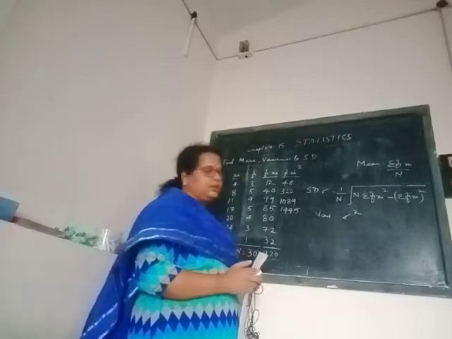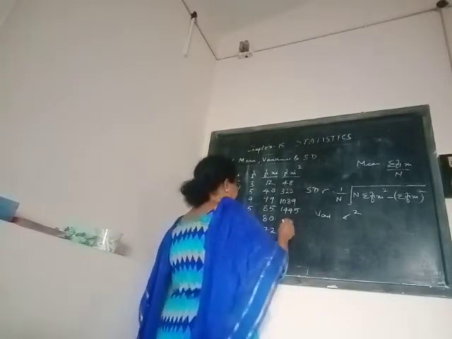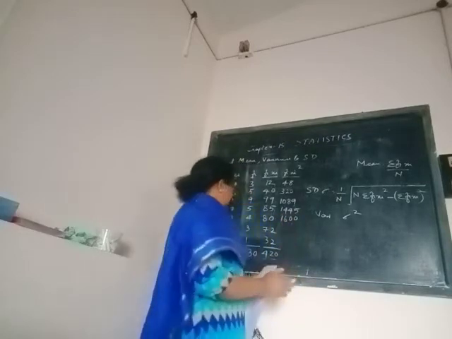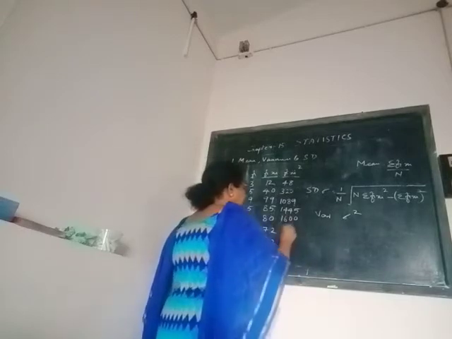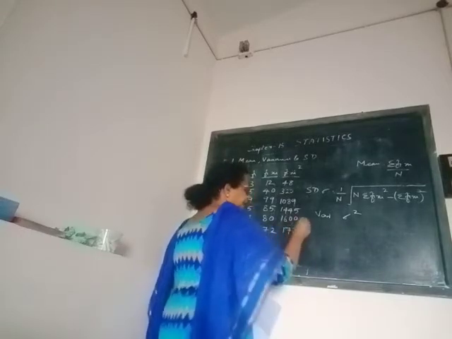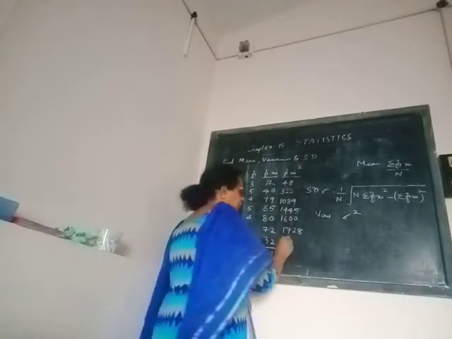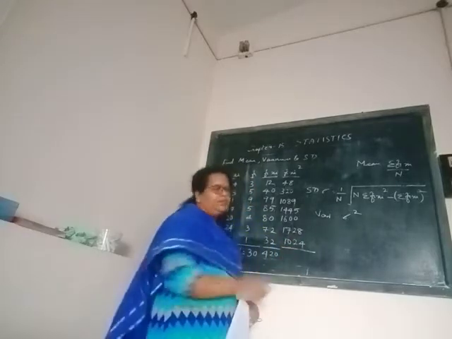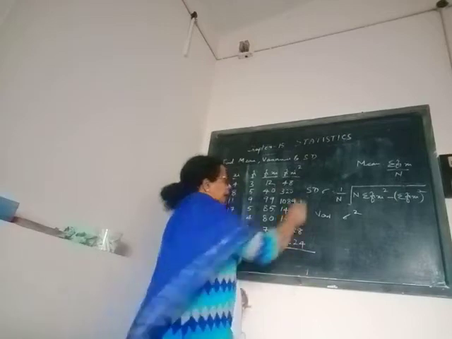You use the calculator for this calculation. Next is 20 into 80, so it is 1600. Next is 24 into 72, 1728. Next is 32 into 32, 1024. Find the sum of this column because we need sigma fi xi squared.